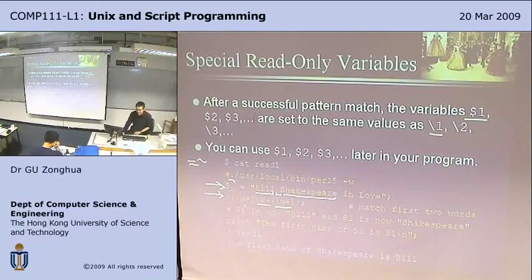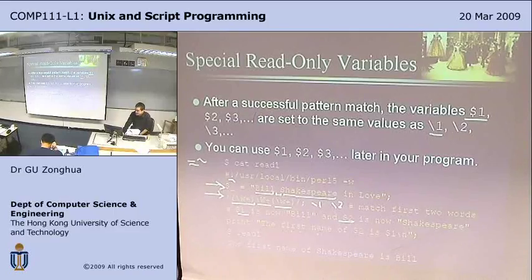Because you have the parentheses around these two patterns, the first one is stored in \1. The second match is stored in \2. They're also stored in $1, $2. If you want to use it outside of your regular expression environment, you can use it just like regular variables.